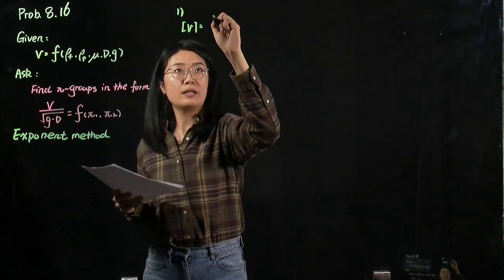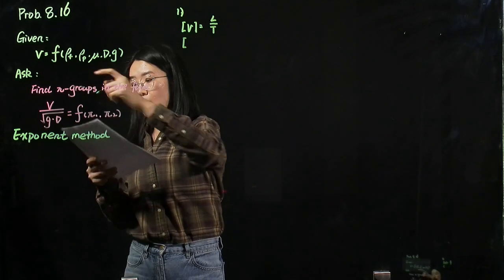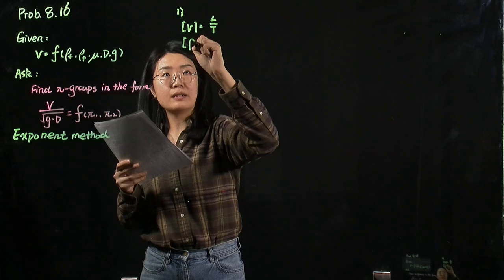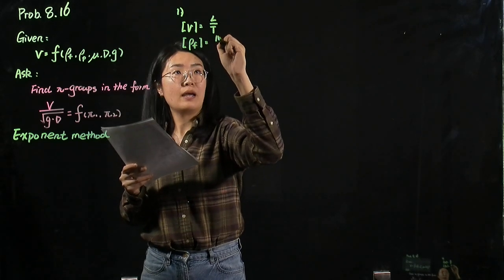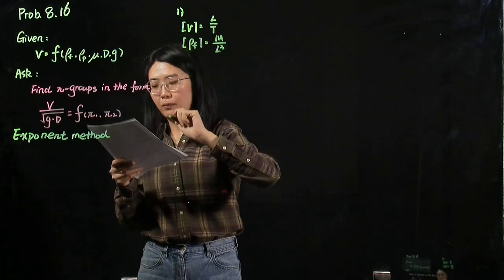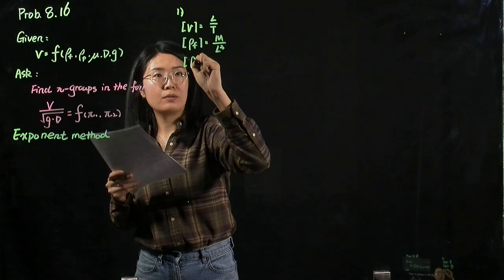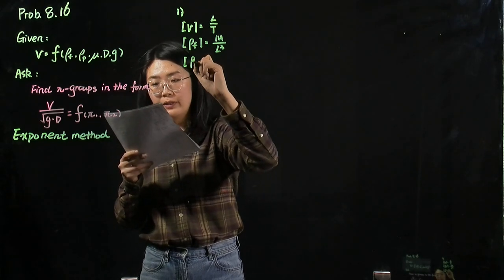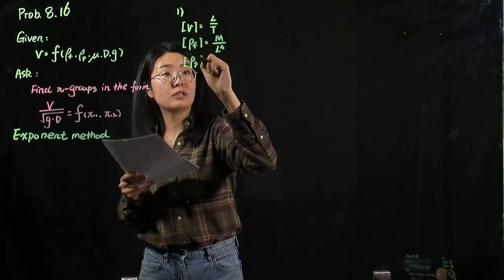Its dimension is L/T. On the left-hand side is a density, which is M/L to the power of 3. The same is also the density, but this is for the particle density.